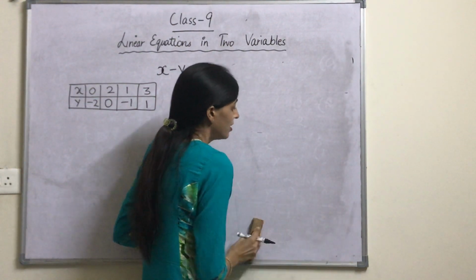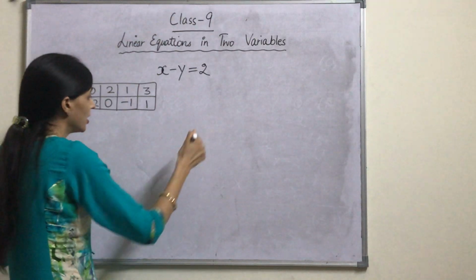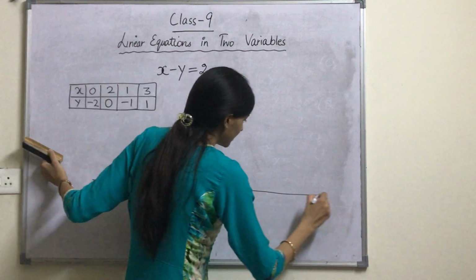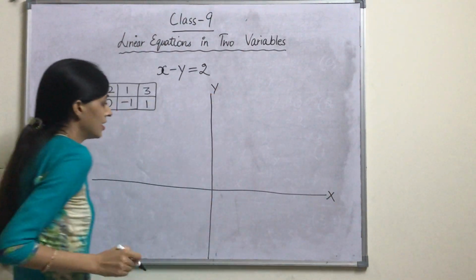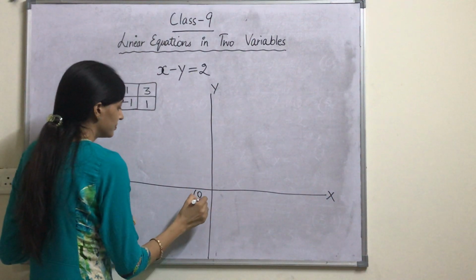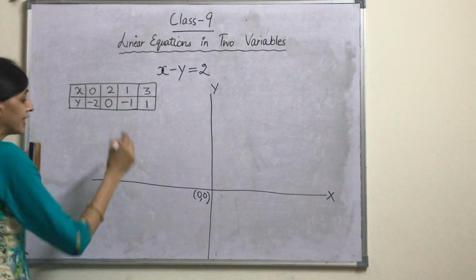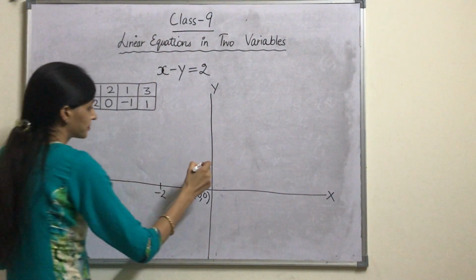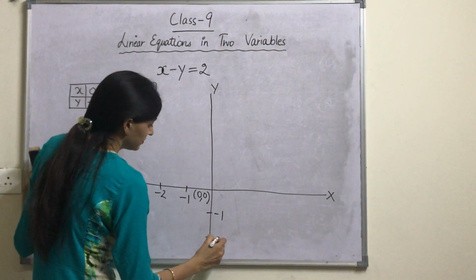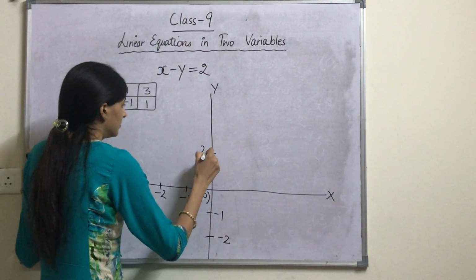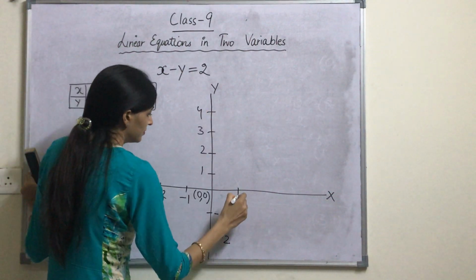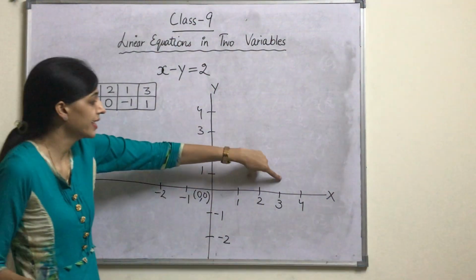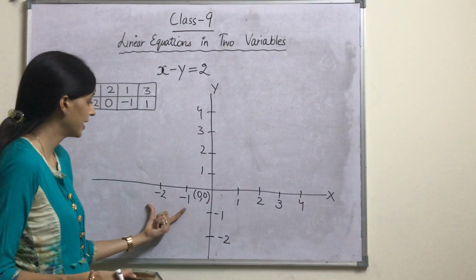Now, what do we have to do? We just have to plot these points on the graph. Take this as y-axis. Take this as x-axis. Right? This is your origin. Now, we have to take negative values also because in the points we have got negative values. Okay, this is positive x, positive y, negative x.